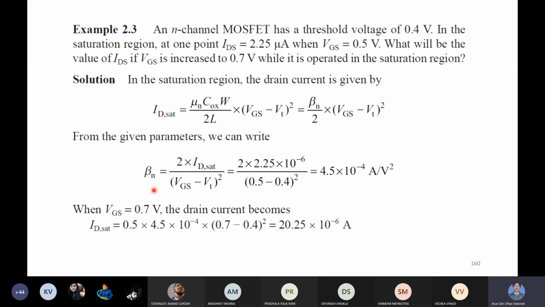If you want to find beta n, then beta n equals 2 times ID sat divided by VGS minus VT whole square.